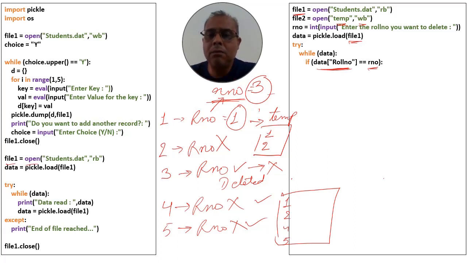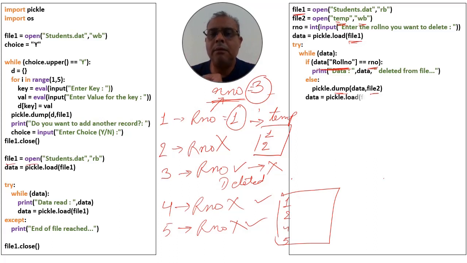If it is true, I'm just displaying a message that data is deleted from the file. If it is false, that means the roll number does not match, I'm going to dump this data using the pickle.dump method into file 2, and this file 2 is the temp file that we have created.